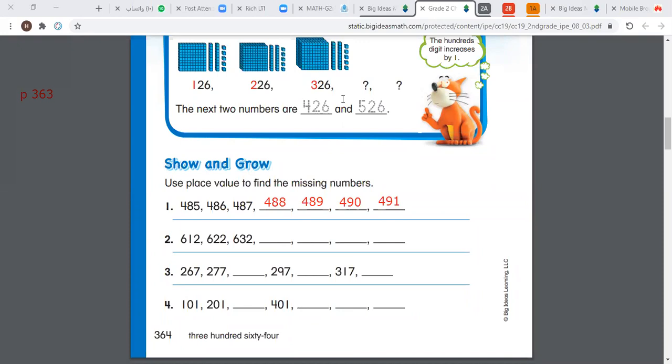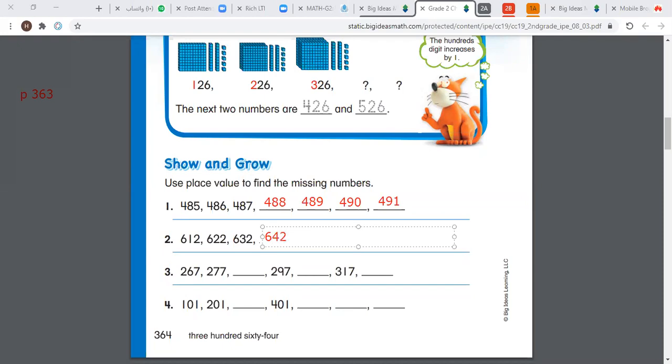So what's the number? Who can answer? I'll choose now Adam Muhammad Atiya. Adam, how are you? Thank you. Adam, what's the next number in this sequence? Here we have 632. What's the next one? 642.